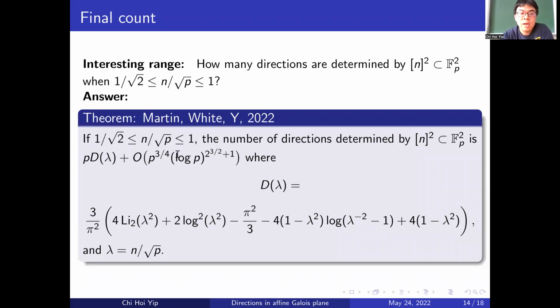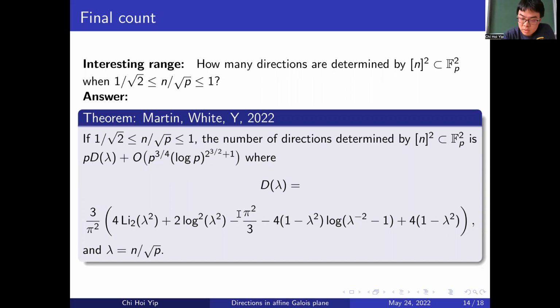So our main result is that the number of directions determined by the n by n grid is given by this formula, which is p times d(lambda) plus an error term coming from the discrepancy. And this function d(lambda) involves the dilogarithm function and also the log function.